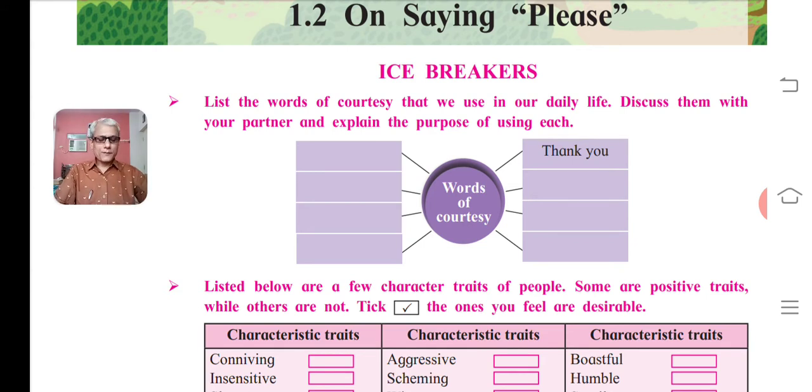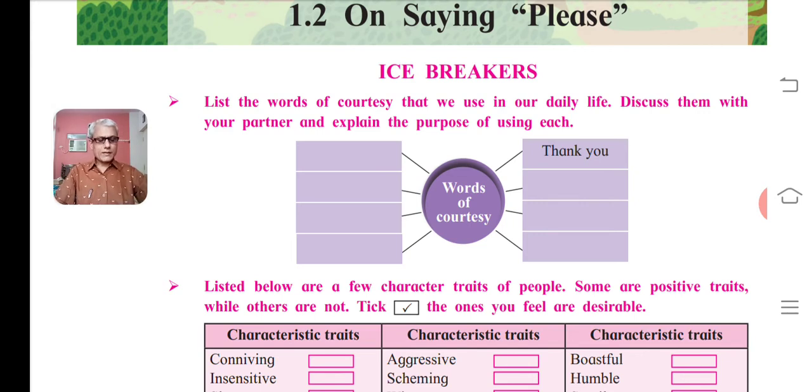So here you can write the answers like this: thank you, when we get something. Another word, hello: its purpose is when we greet or meet someone. You can also mention other greetings like good morning, good afternoon.